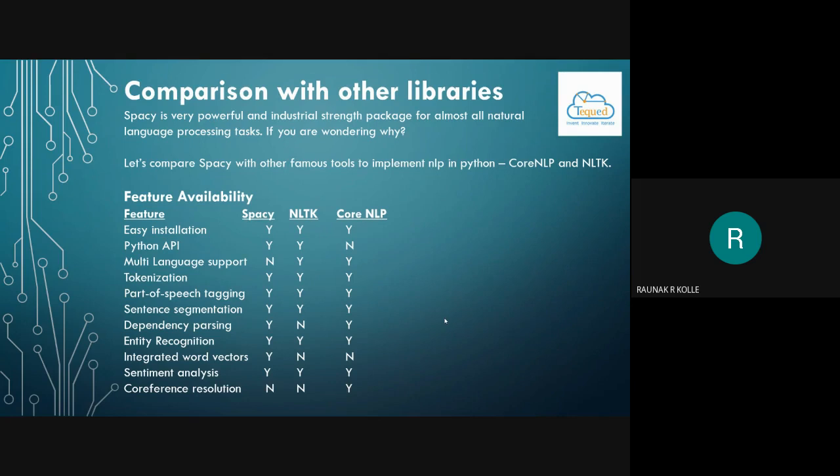We have only discussed spaCy and NLTK. Multi-language support is present in NLTK and Core NLP, but is absent in spaCy. Tokenization is present in all three. Parts of speech tagging is present in all three. Sentence segmentation is present in all three.